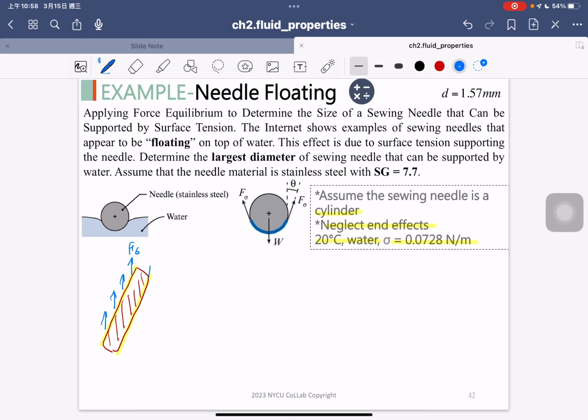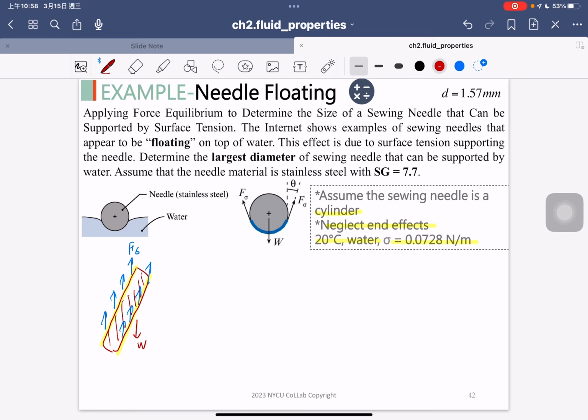It supports the needle with an upward force, and the needle itself has a downward weight. So we should have a force balance between the weight and the surface tension force.